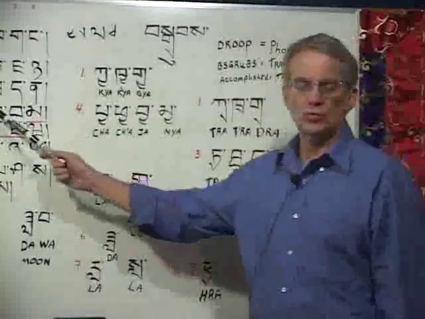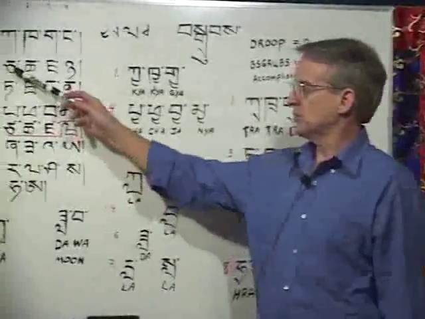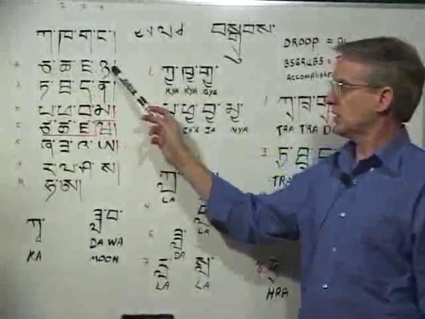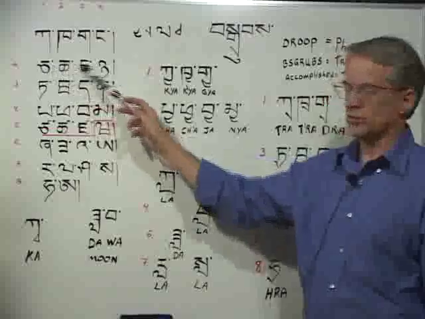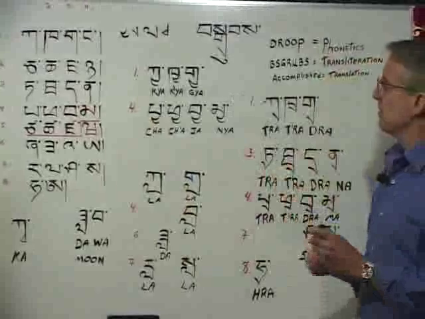Again, if a fourth row letter has a Yata on it, its pronunciation is the same as its corresponding letter in the second row. So those are the Yatas.